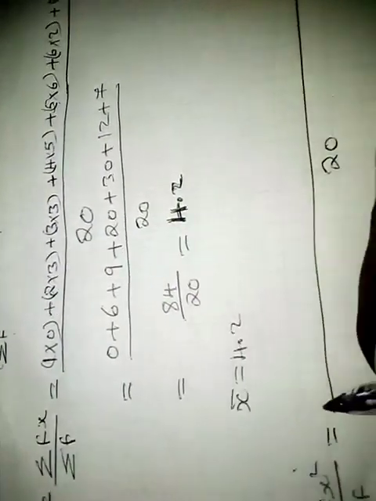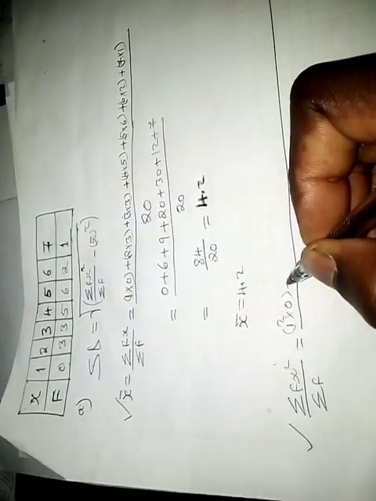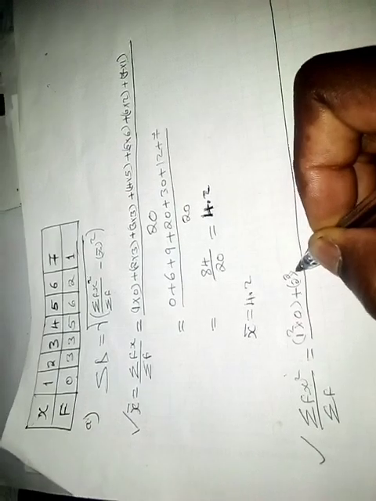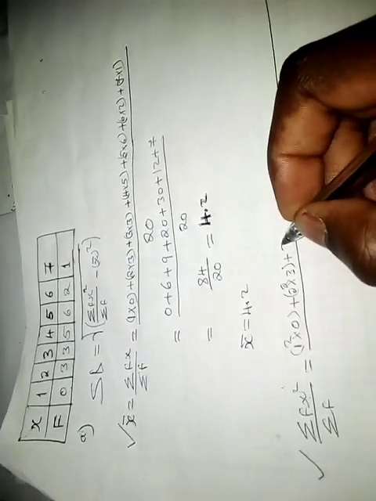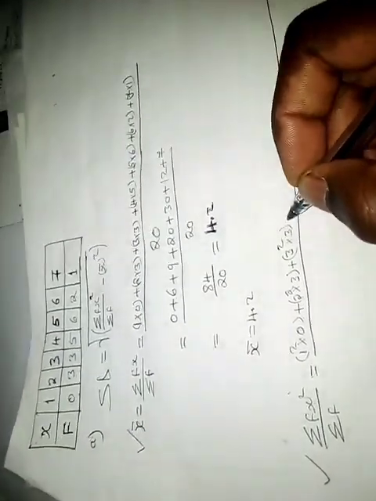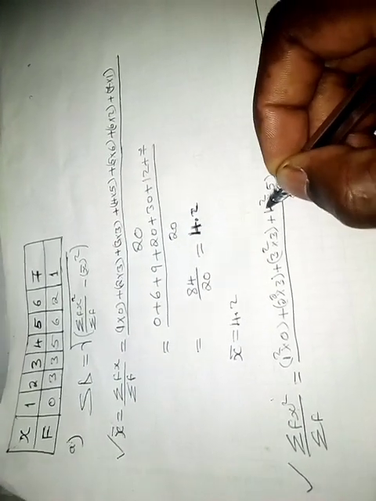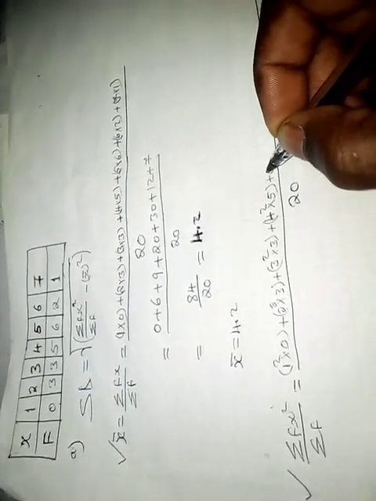So we are going to say this will be 1 squared times 0 plus 2 squared times 3 plus 3 squared times 3 plus 4 squared times 5 plus 5 squared times 6 plus 6 squared times 2 plus 7 squared times 1 as our last number here.